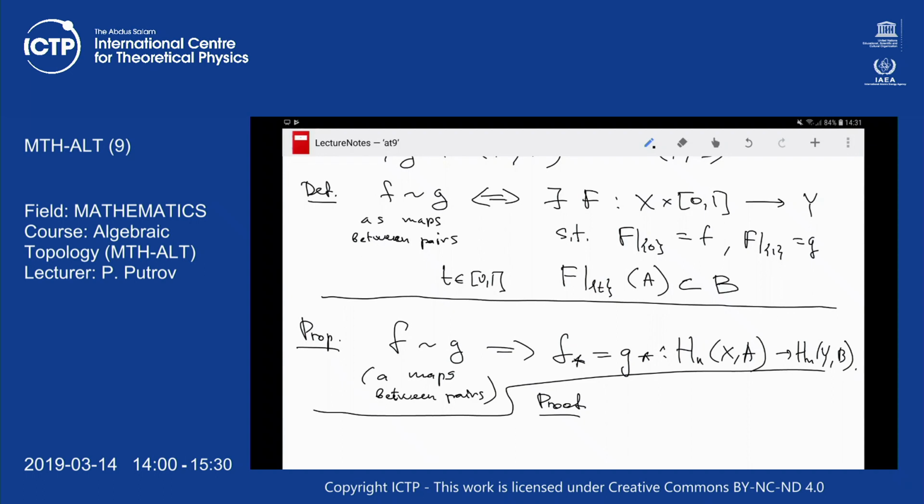And in the proof of the theorem, we had a certain prism operator defined, right? So consider the prism operator defined previously.